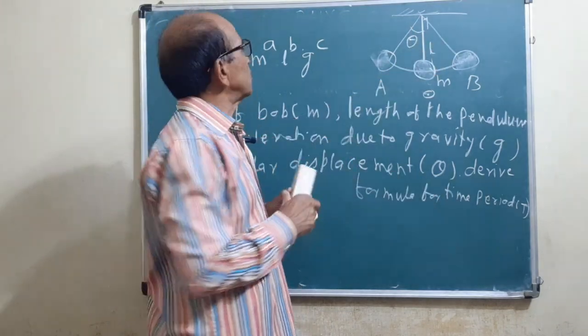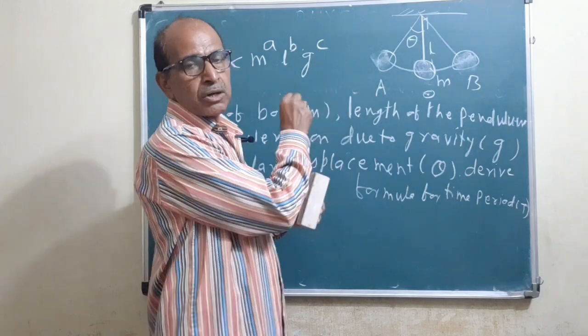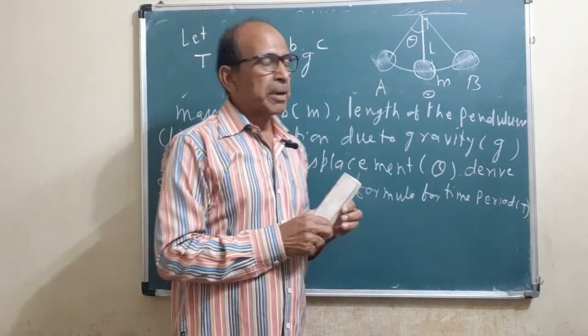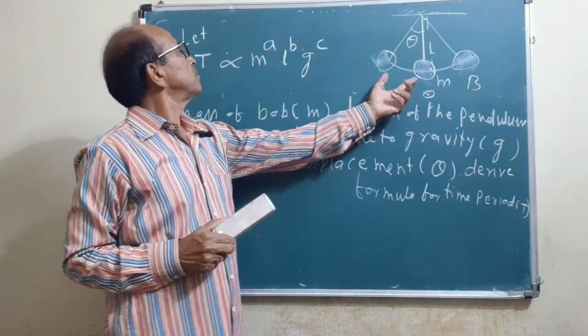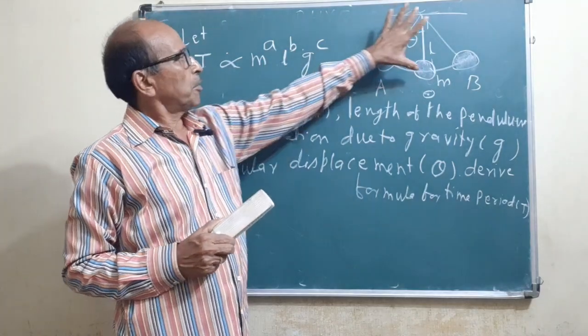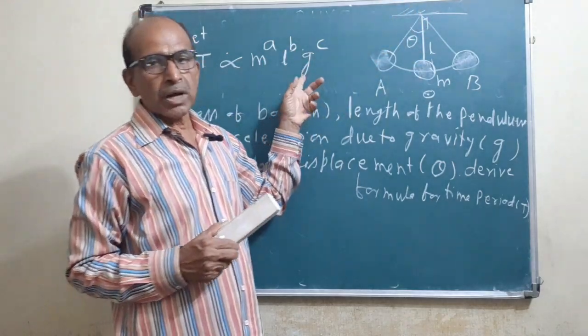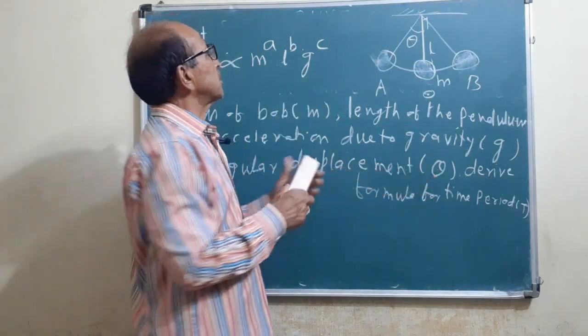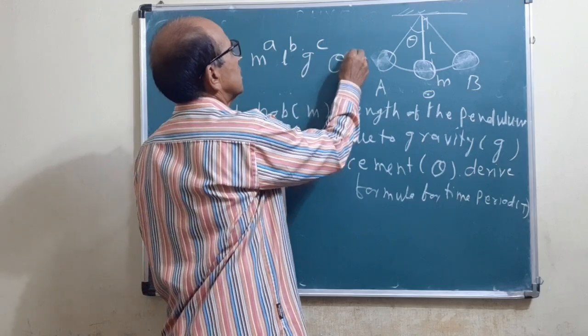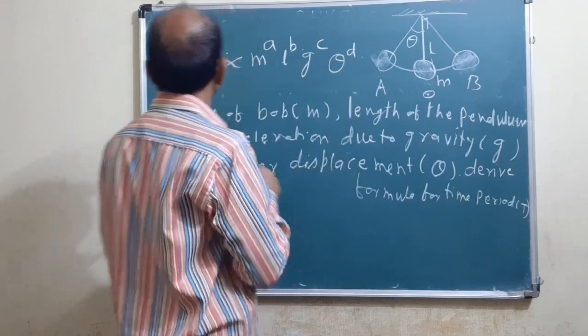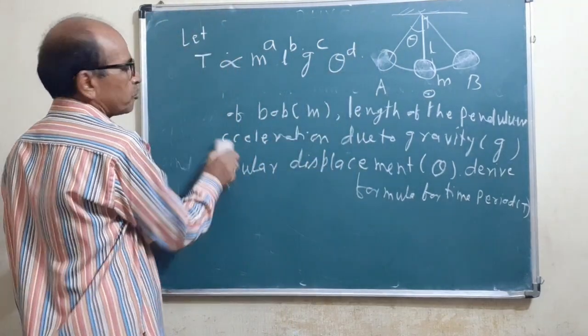So the time taken to complete one oscillation depends on the mass of the bob, the length of the simple pendulum, the acceleration due to gravity, and the angular displacement theta. Now you will derive the formula for time period.